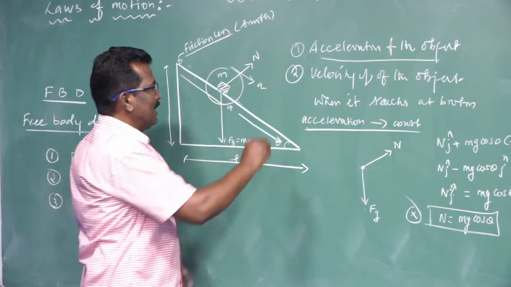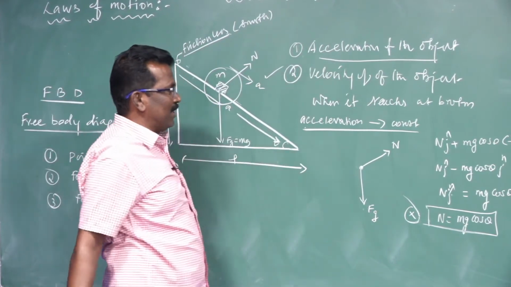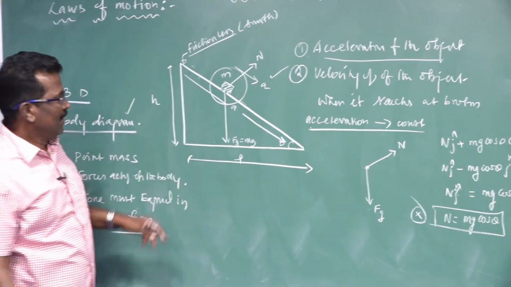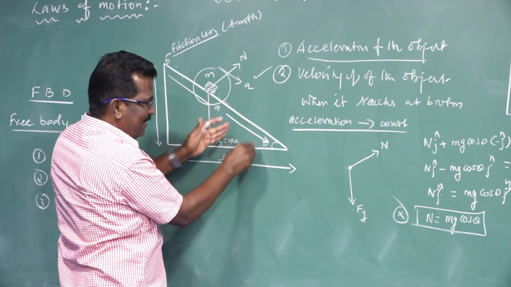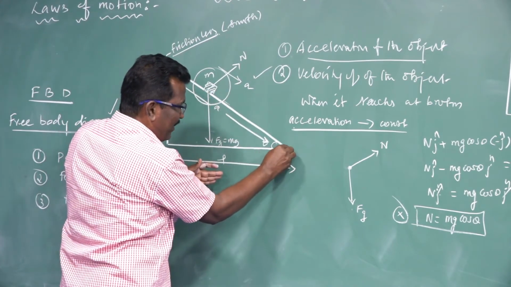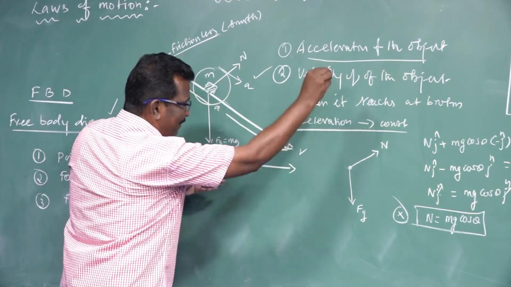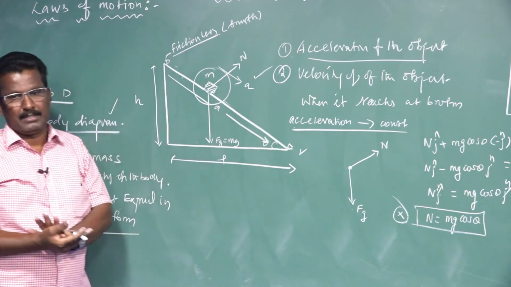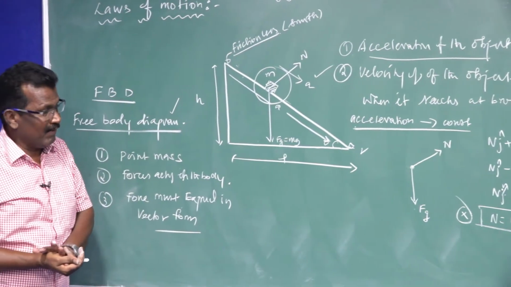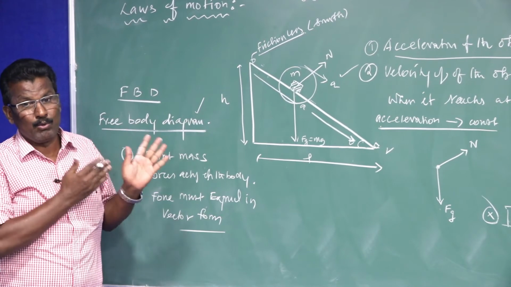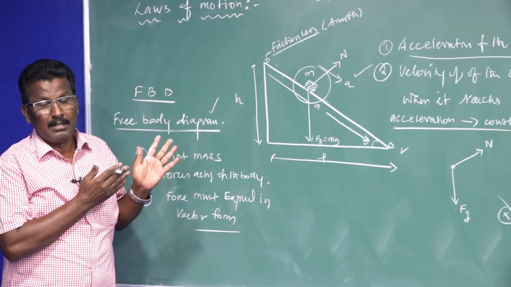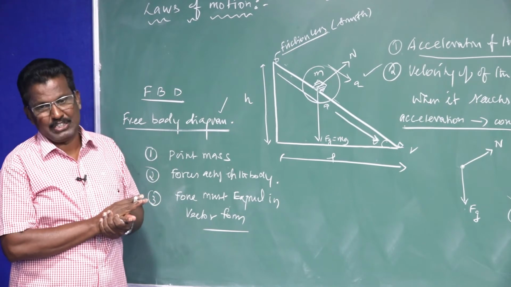The next question is: what is the velocity of the object when it reaches the bottom? The body slides with constant acceleration. How do we calculate the velocity? It should be calculated from Newton's straight line equations.